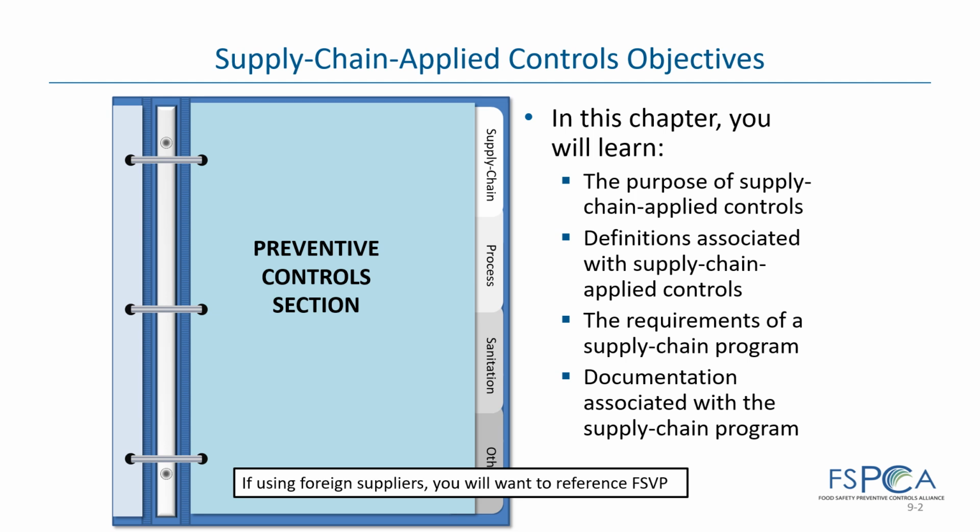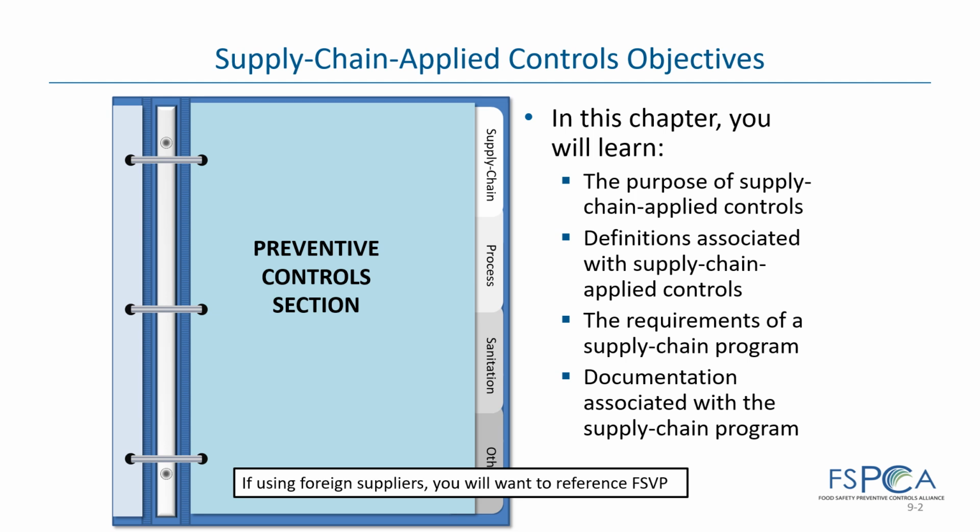Now, just as a reminder, there is another regulation under FSMA, the Food Safety Modernization Act, called the Foreign Supplier Verification Program, and that exists outside of these supply chain applied controls. That regulation looks similar to these supply chain applied controls, but there are some extra definitions and some different record keeping that has to happen within that program.